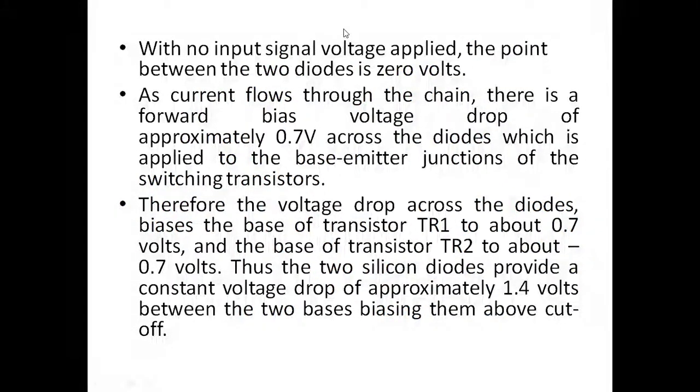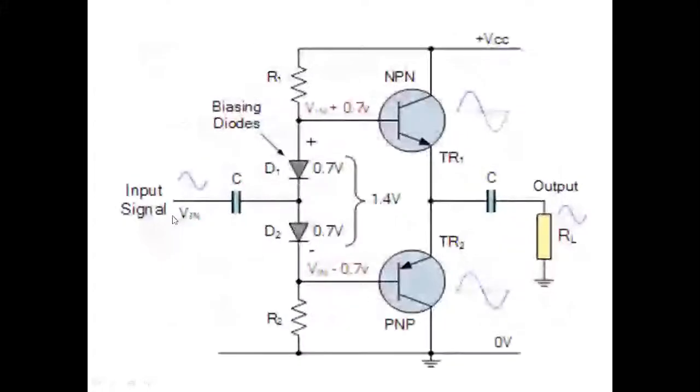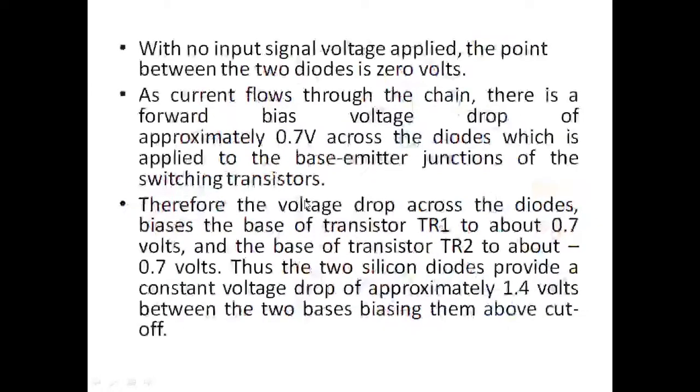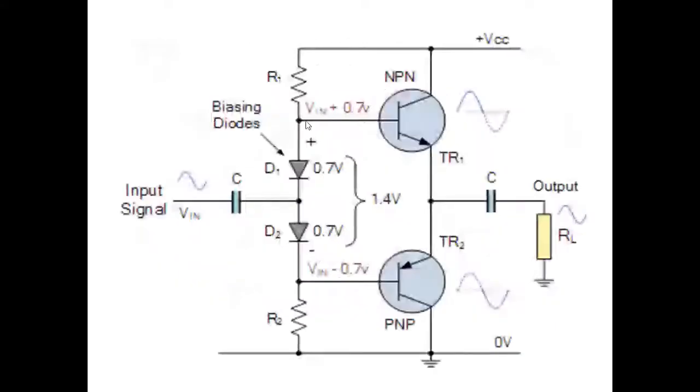When we apply an input signal to the circuit, current flows through the chain. There is a forward bias voltage drop of approximately 0.7 volts across the diodes, which is applied to the base-emitter junctions of the two transistors. If there is no input signal, the voltage drop at this position is 0.